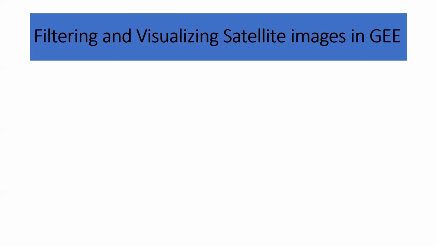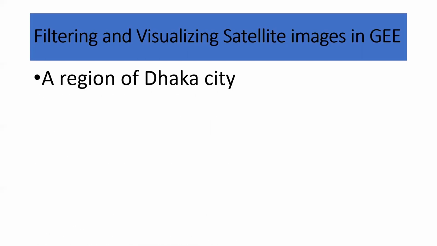Suppose you want to filter the Landsat images. What factors do you need to filter by? First of all, you can select your region of interest. Suppose I want to filter this region of Dhaka city. I need satellite imagery of Landsat for Dhaka city.